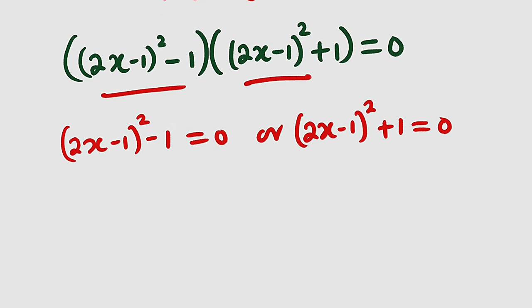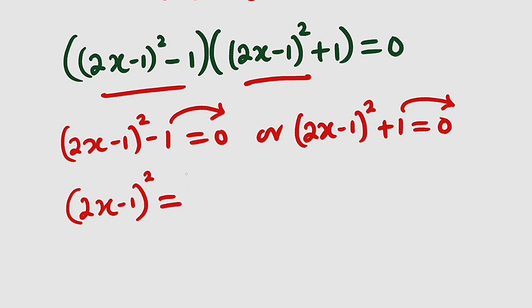We are going to take these constants to the other sides. So we have (2x - 1)^2 equal to, as -1 crosses over, it becomes +1. Let's do the same thing to the other side. We have (2x - 1)^2 equal to -1 as +1 crosses over.